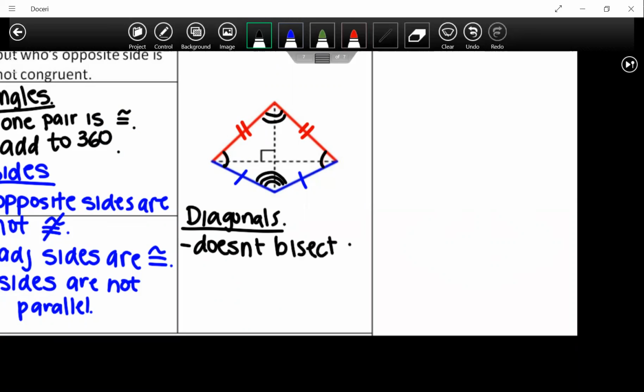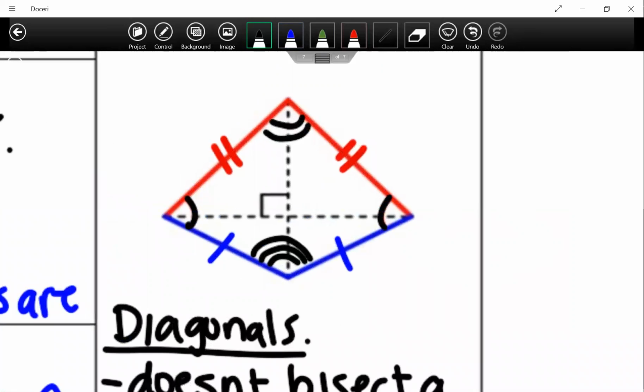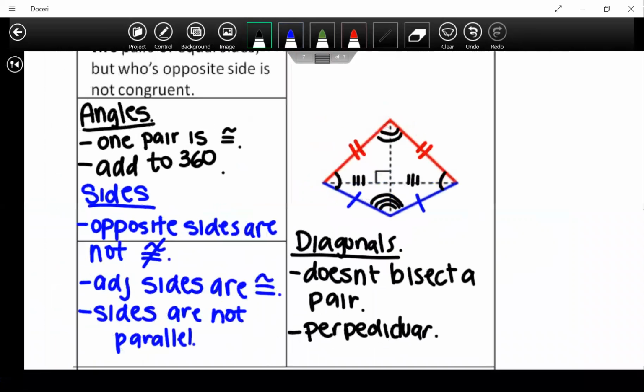Does not bisect a pair. Perpendicular. Butcher that last one. Okay. Only one pair of them are bisecting, so this would be 1, 2, 3, 1, 2, 3, and they form a 90-degree angle. Finish up the last one, yeah?